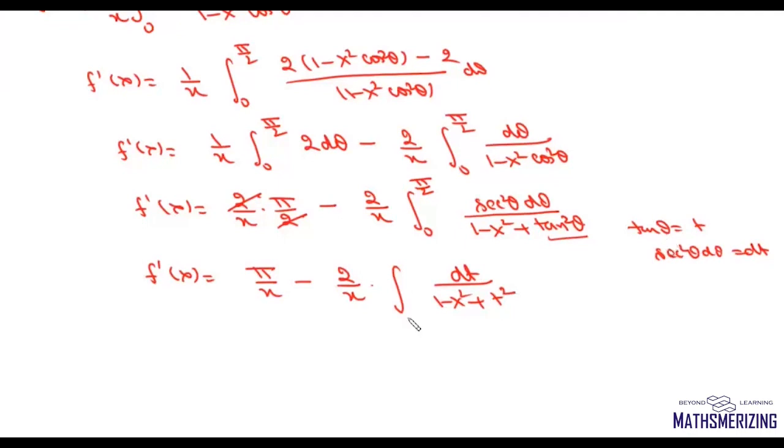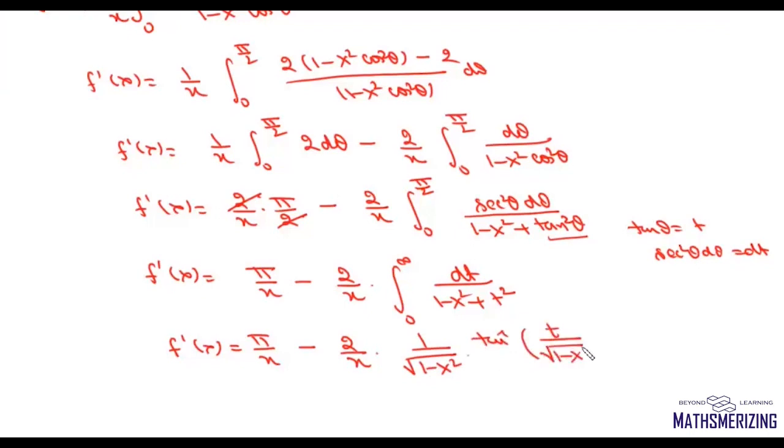Now when theta is 0, t is 0, and when theta is pi by 2, t is infinite. This is of the form a square plus t square. So we can write this as f dash x equals pi by x minus 2 by x, and here it will be 1 upon a, and a in this case is under root of 1 minus x square, tan inverse t by a, which is under root of 1 minus x square, from 0 to infinite.